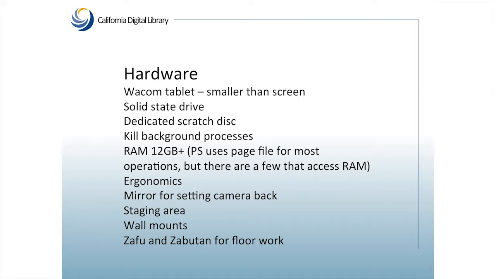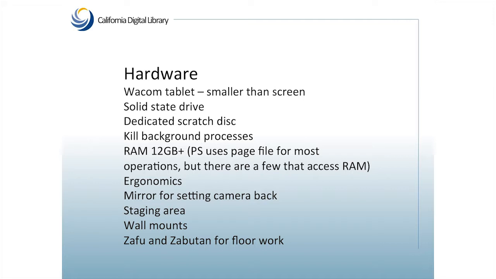And again, with hardware, Wacom tablets for the folks doing the QC and the touch-up work speed things up. RAM, 12 gigabytes seems to work fine. You're not really gaining much by adding a lot of RAM because Photoshop probably won't use it. Having a big staging area for the high throughput that you're going to be enjoying with this process.